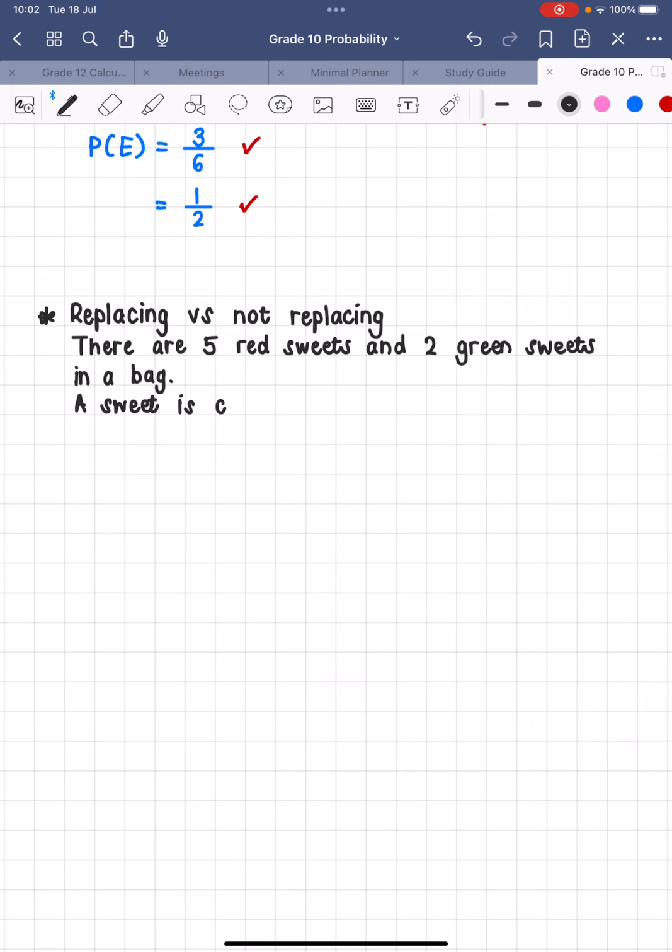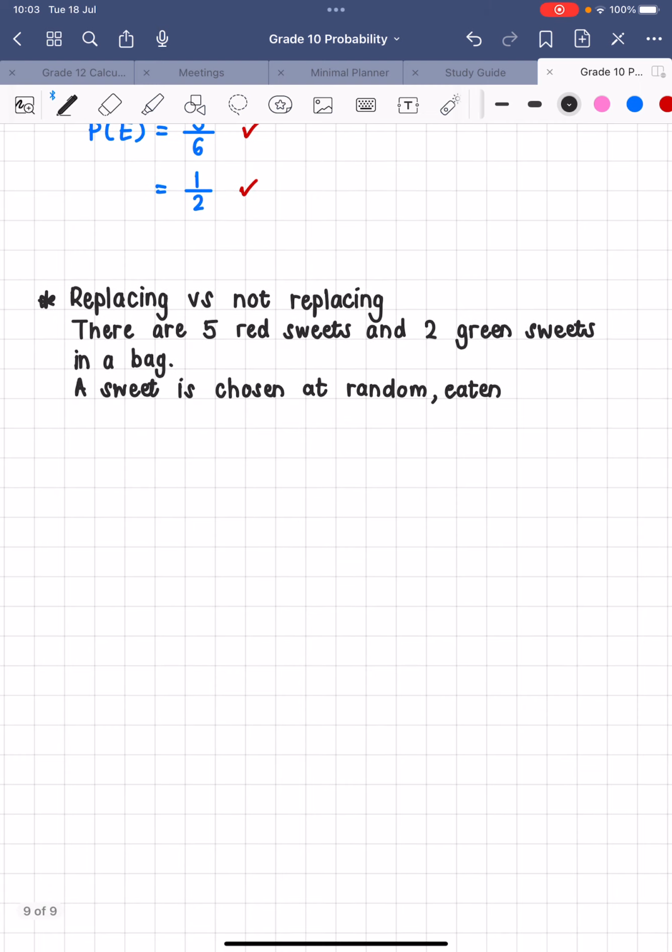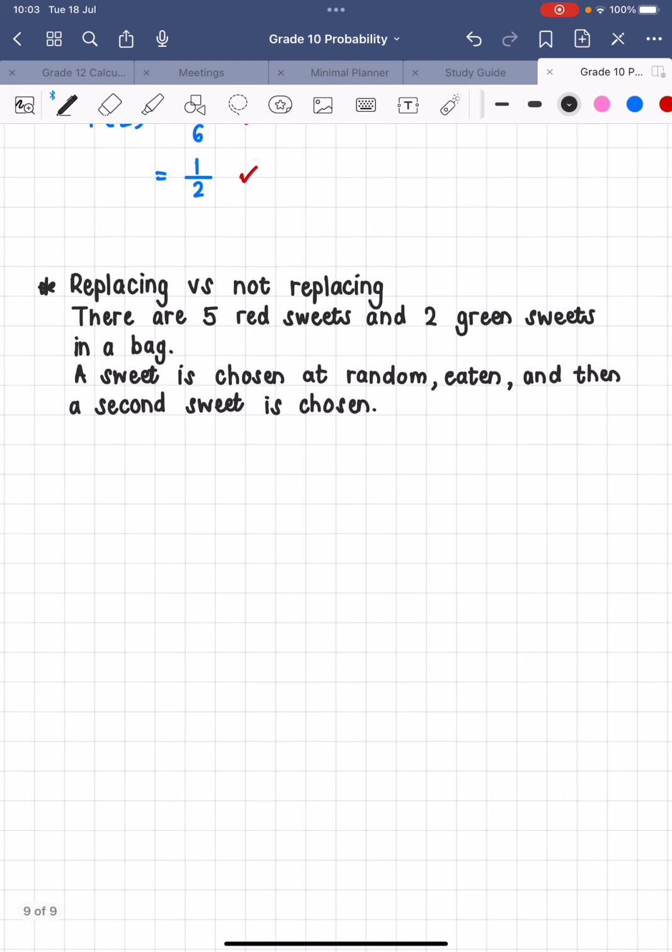A sweet is chosen at random. Eaten, right? I'm guessing that's why you're choosing the sweet. So you're taking it out, you're eating it, and then a second sweet is chosen. Okay, we are going to draw a tree diagram to represent this.